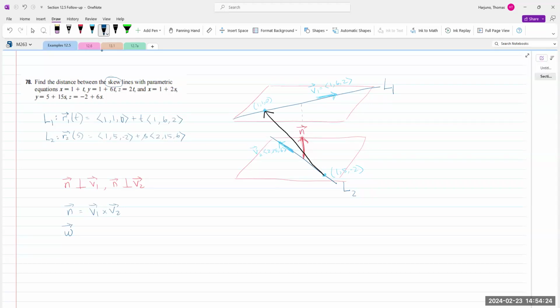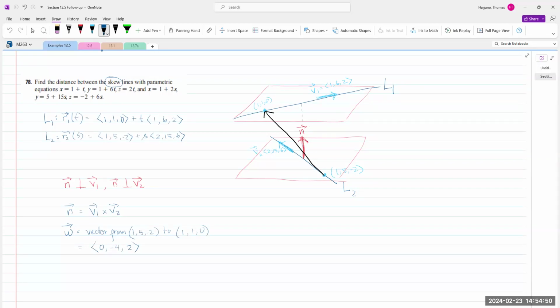Vector w is the vector from 1, 5, negative 2 to 1, 1, 0, which will be 0, negative 4, 2. Is it okay so far?